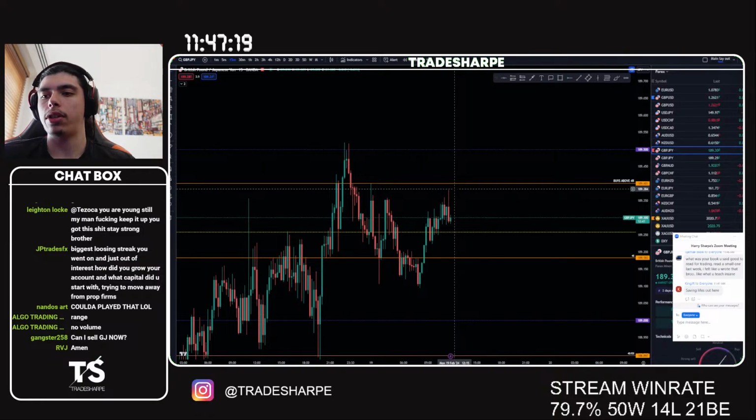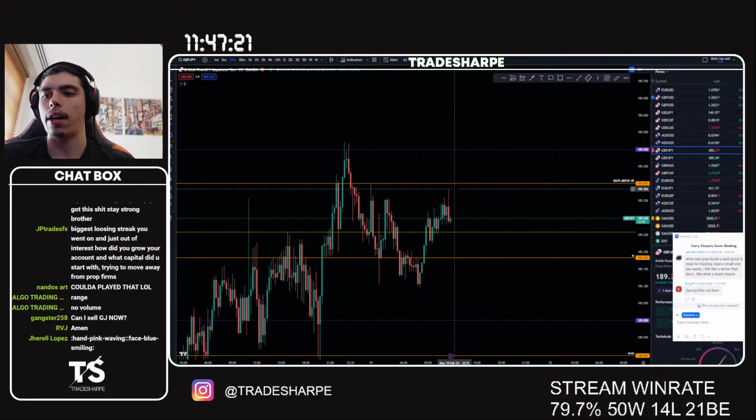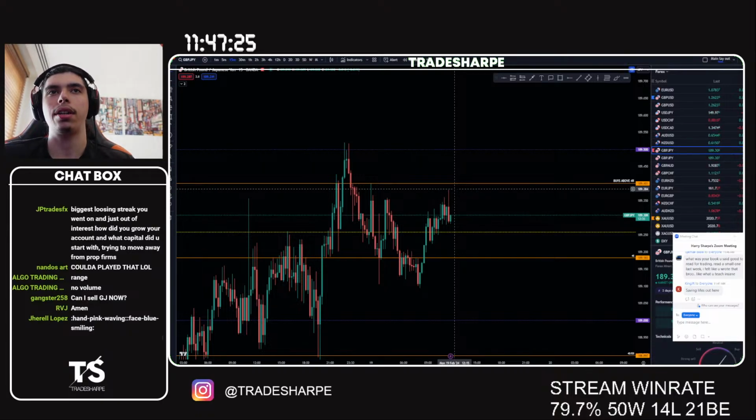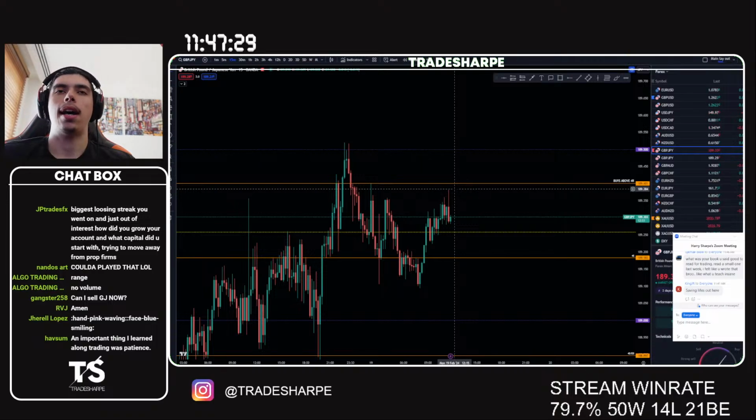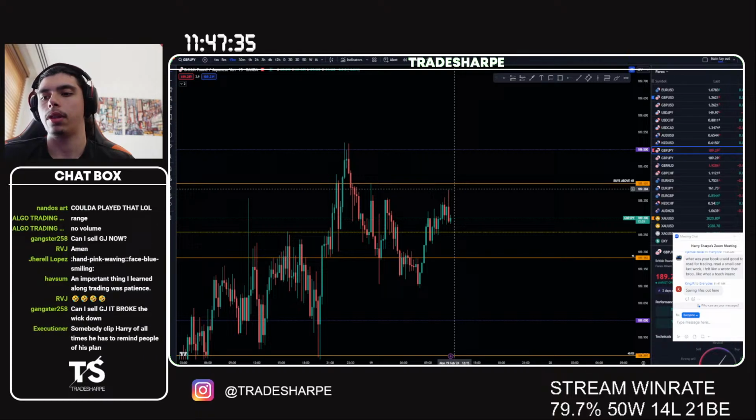Biggest losing streak you went on, and out of interest, how did you grow your account and what capital did you start with, trying to move away from prop firms? I was fortunate. I started with a pretty big account, around 20K, and obviously reinvested in that. Biggest losing streak I went on was 3 weeks straight. Loss, loss, loss, win, loss, loss, loss, win, loss, loss, you know, just disaster.